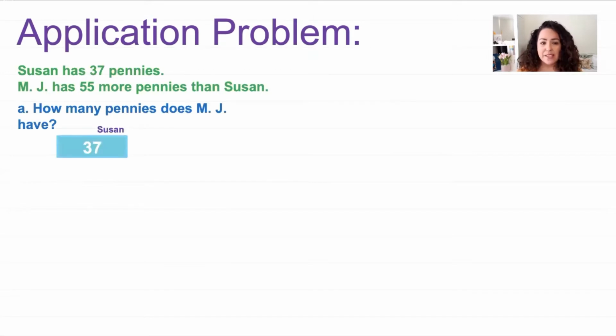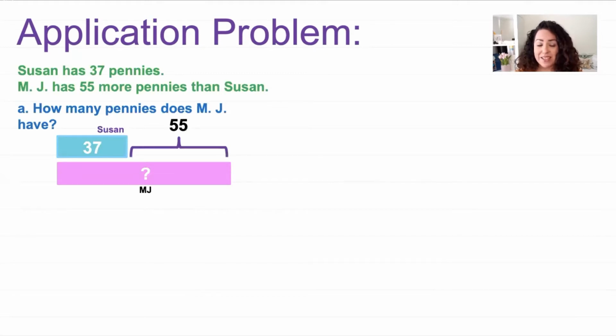Susan has 37 pennies and MJ has an unknown number. I have two parts and I need to find the whole. So 37 is a part and 55 is also a part. If I add those numbers together, I will get the total number of pennies that MJ has.